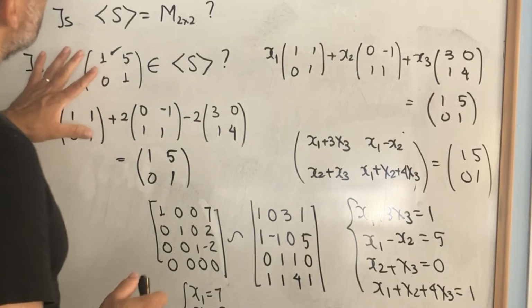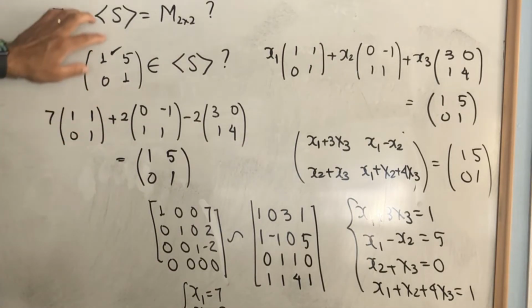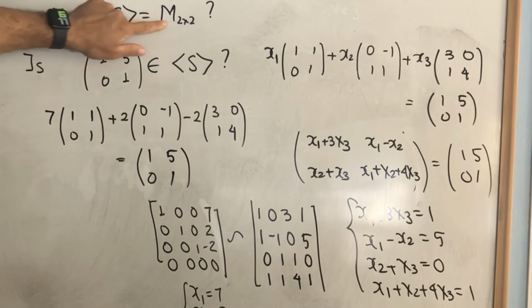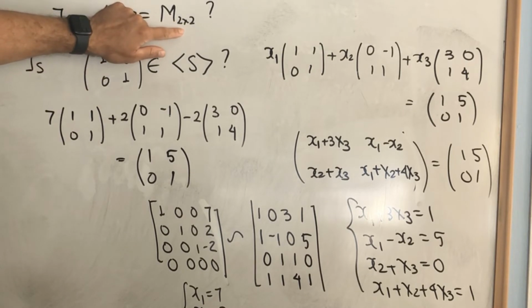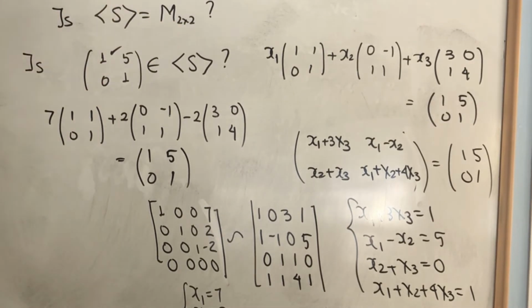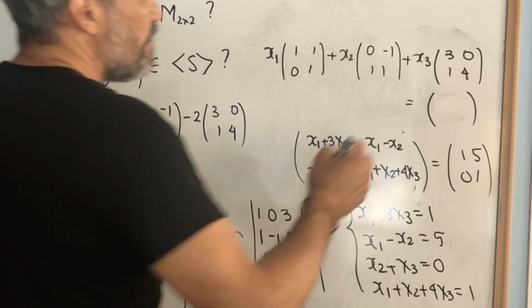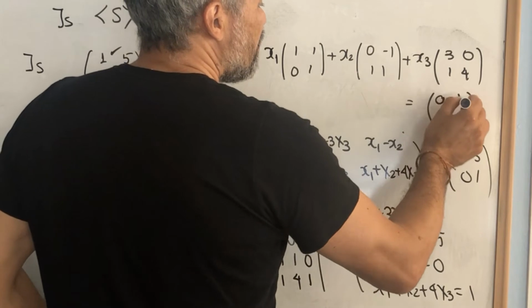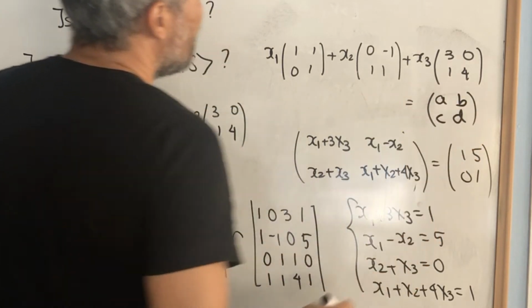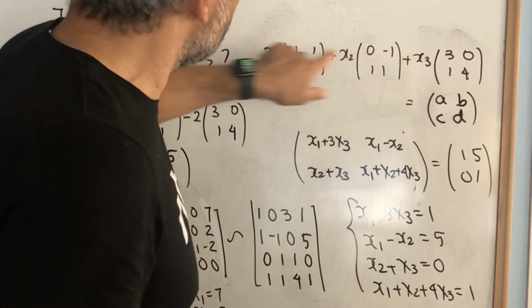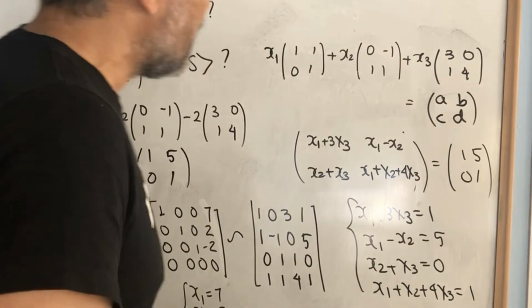But then how to prove if the span of S is the whole set of matrices? Essentially what we need to show is that every matrix A, B, C, and D can be written as a linear combination of these three matrices. Let's see what happened.